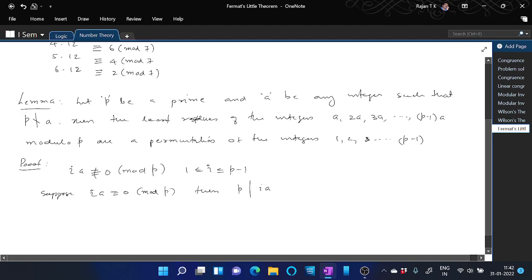But p is a prime number such that p does not divide a. That is, gcd(p, a) equal to 1.